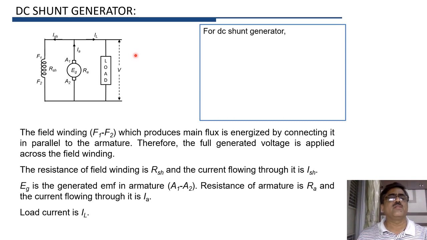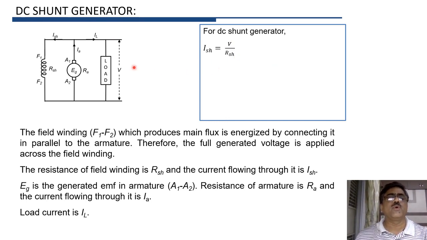So first of all, the field current ISH. Voltage applied to the field winding is V and resistance of field winding is RSH, and therefore current through field winding ISH is equal to V upon RSH. So in case of DC shunt generator, ISH is equal to V upon RSH.